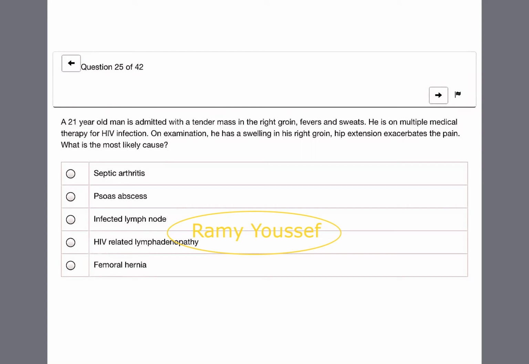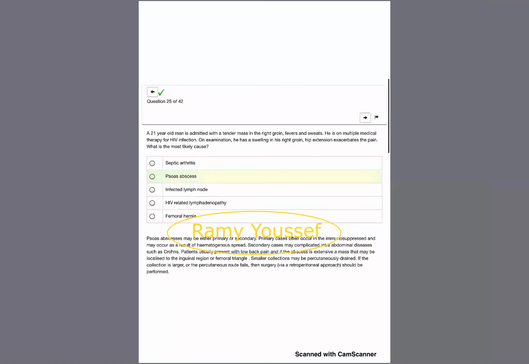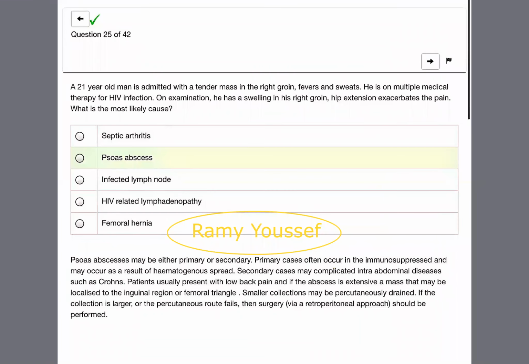HIV-related lymphadenopathy is the same, it will not affect it. A femoral hernia will not affect extension. So the only things that affect extension are septic arthritis and psoas abscess, and septic arthritis will not cause a mass. So by exclusion, you can say it is psoas abscess.